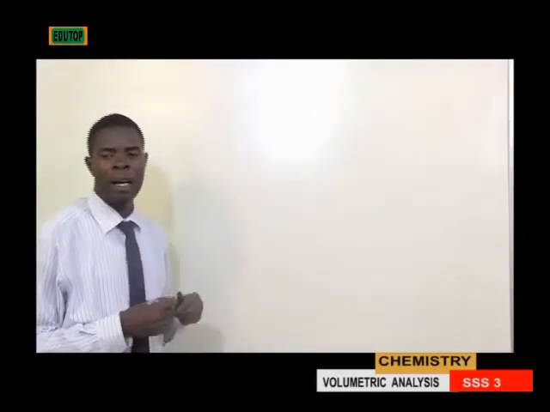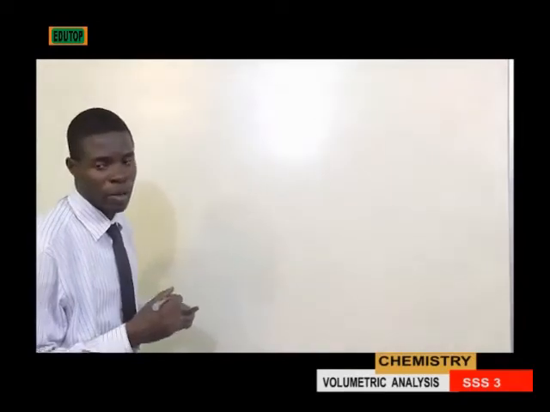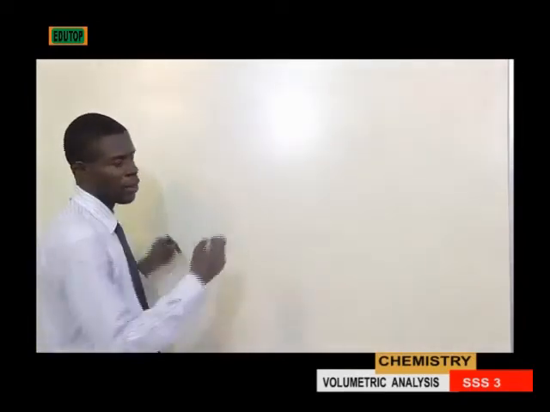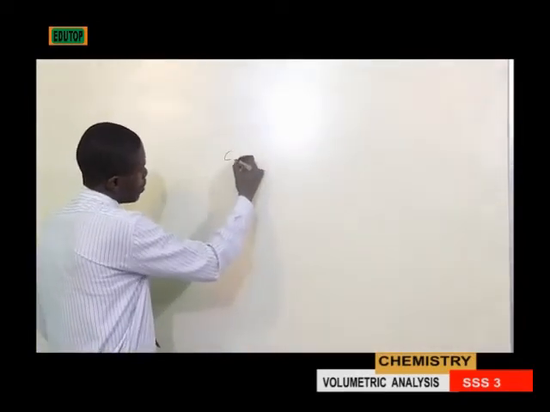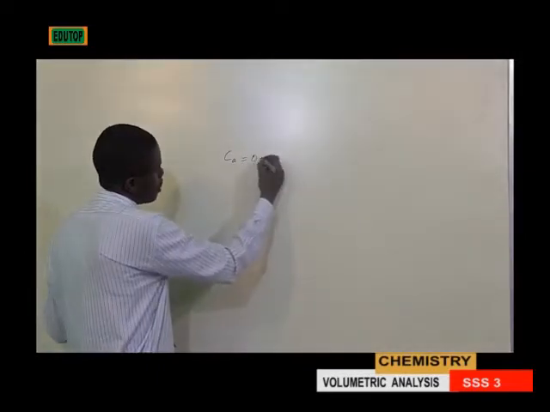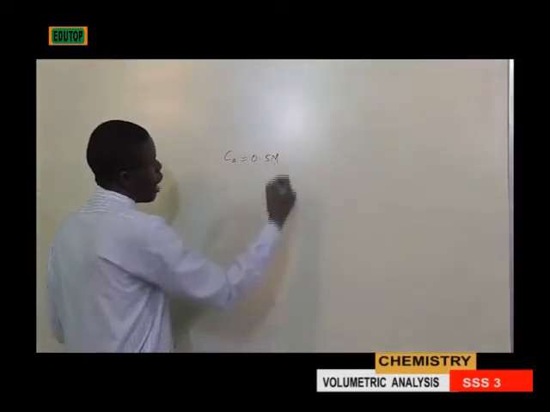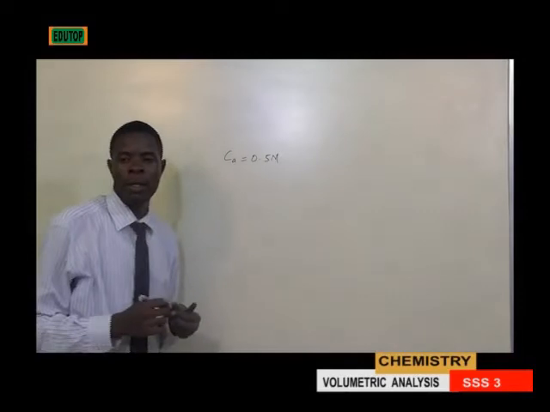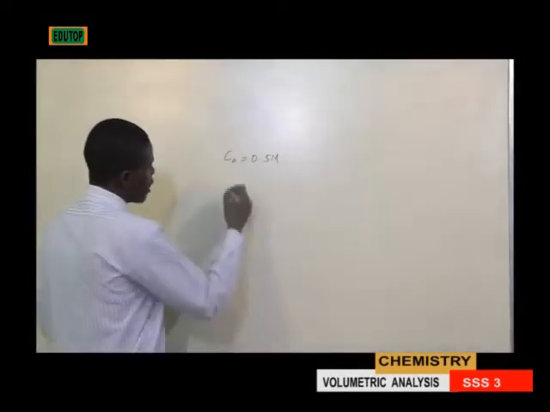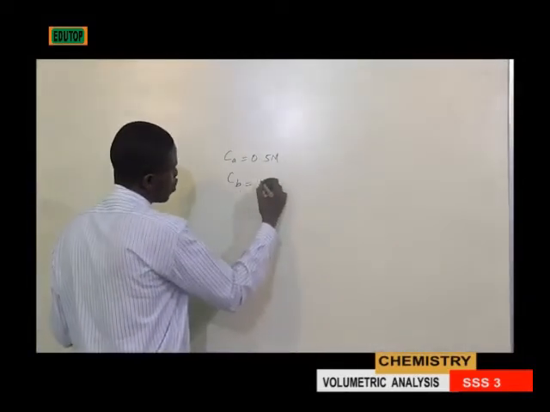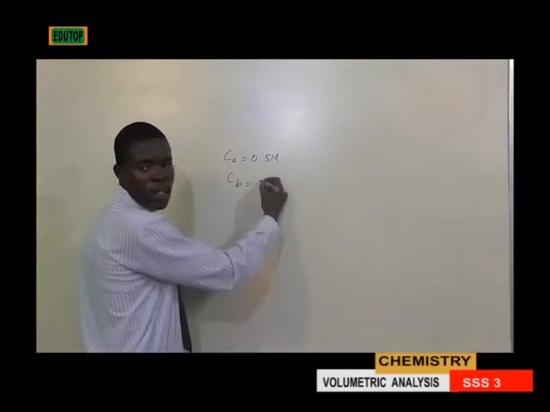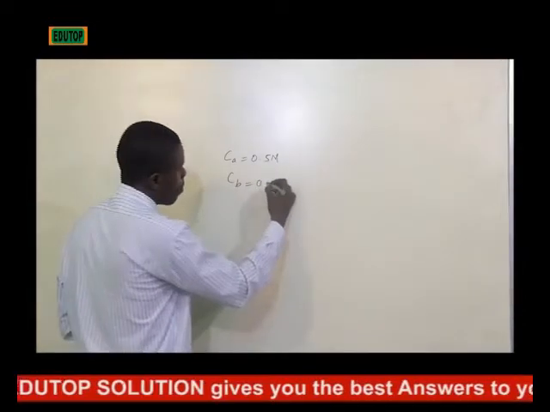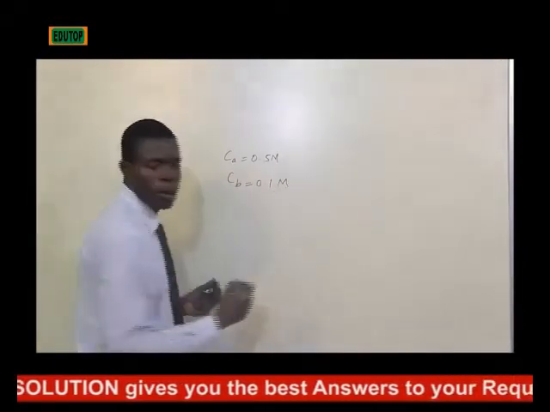0.5 molar tetraoxosulfate 6 acid is given. The concentration of the acid is in molar. Then the concentration of the base is also given, which is 0.1 molar.